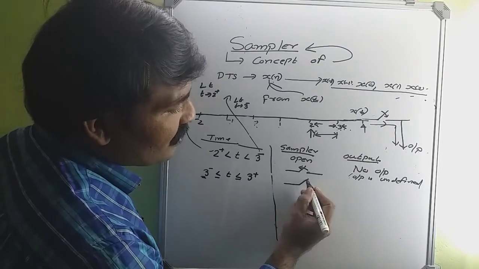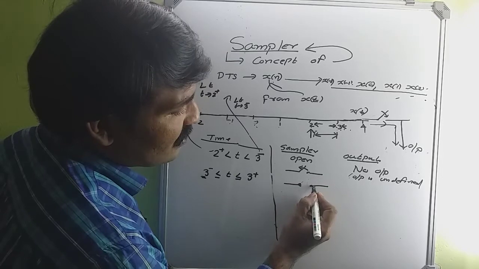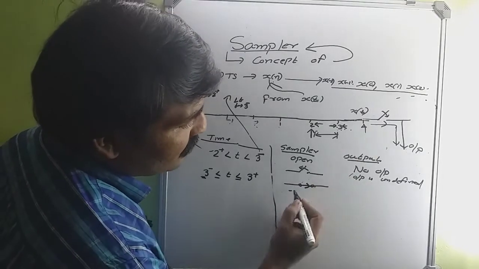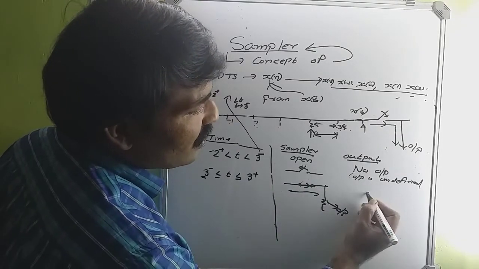During this time the sampler gets closed. This is the position of the sampler which is closed, and the signal will pass through it and you will get the output from here. Now we have output.